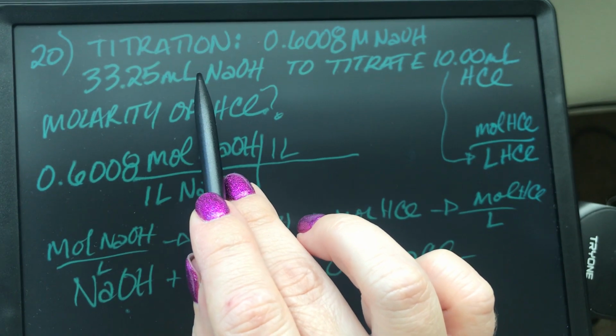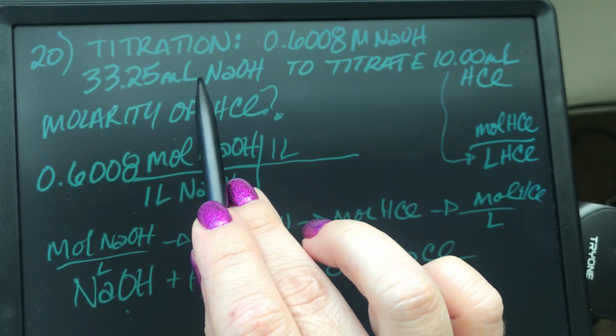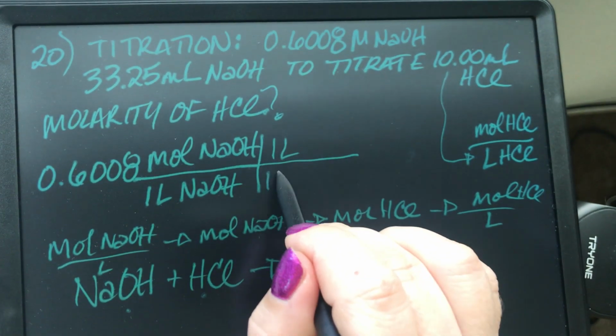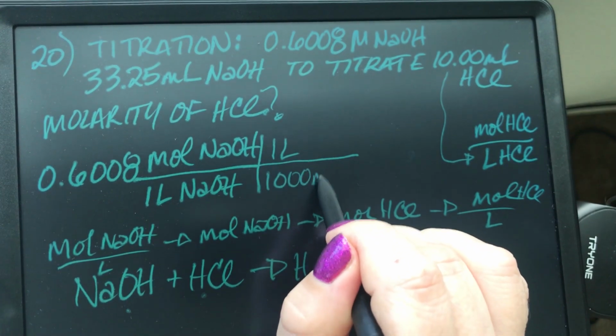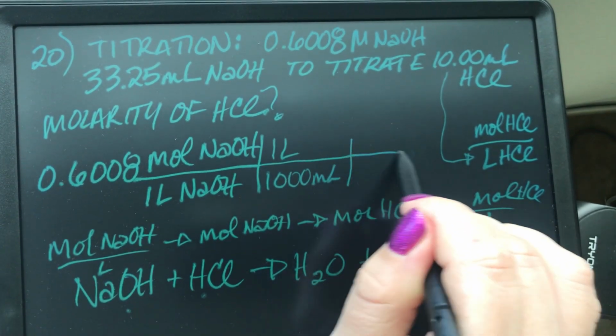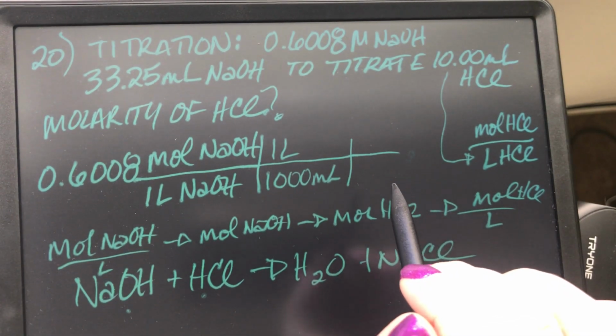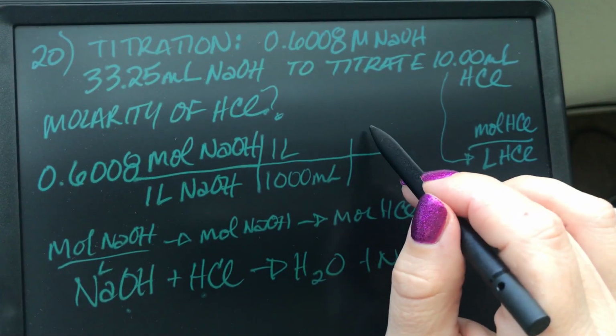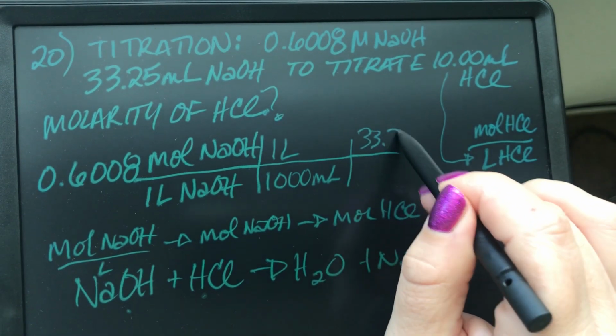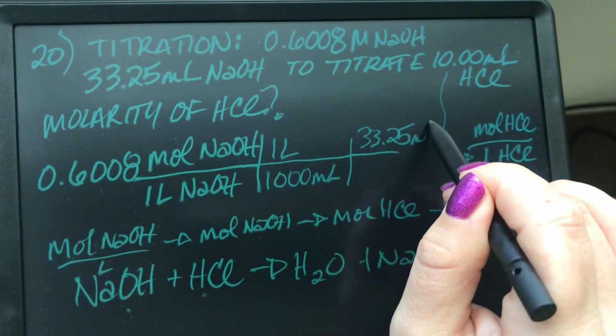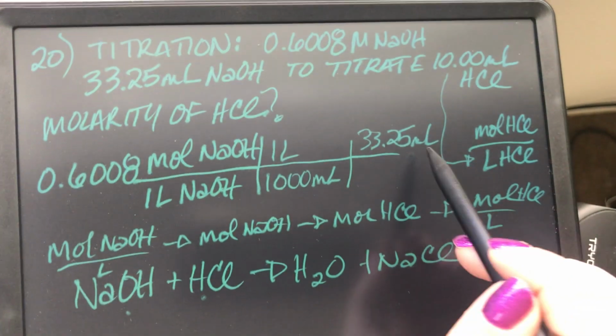I've got 1 liter is equal to 1,000 milliliters. And now I can use my 33.25 milliliters.